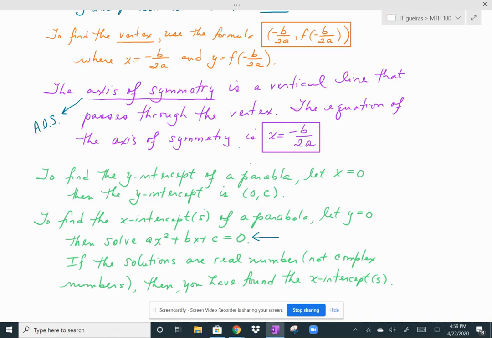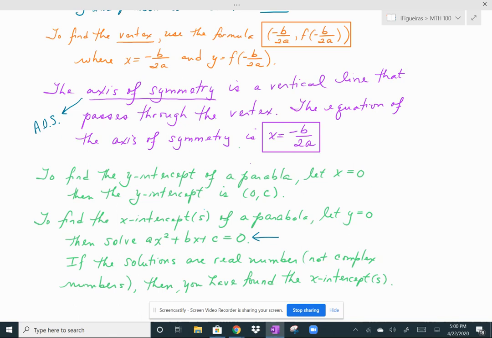And if it's factorable and the numbers are reasonably small, that's usually the quickest way to find your x-intercepts. But if it's not factorable, we can find x-intercepts possibly by the completing the square method or the quadratic formula. And in some cases, depending on the format of the equation, you can use the square root method.